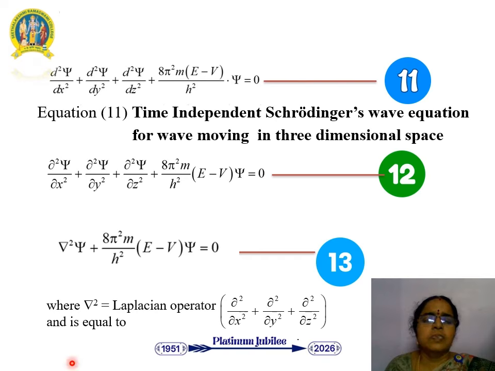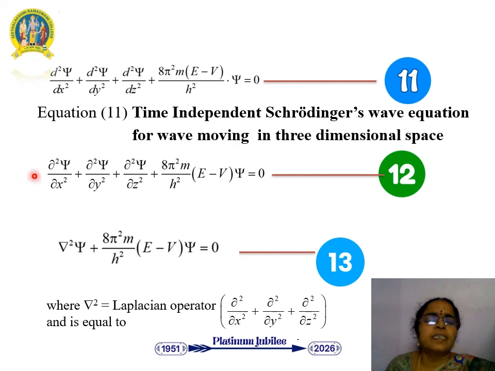So the equation for the particle moving in three-dimensional space is shown here, and this is equation 11. This is the Schrodinger wave equation in space for a single particle.